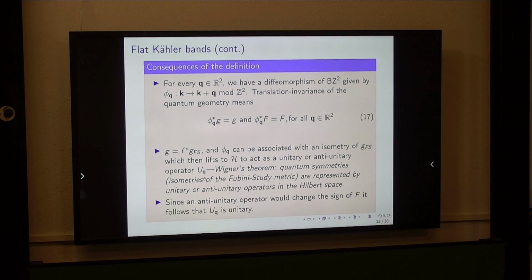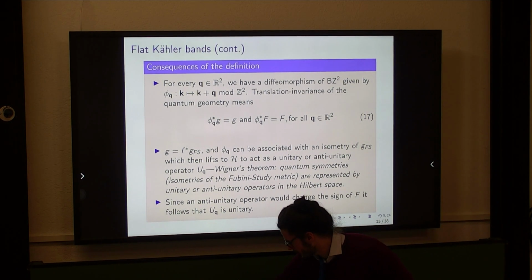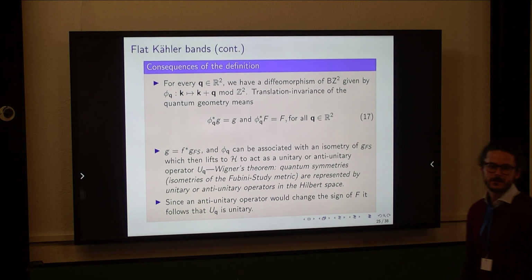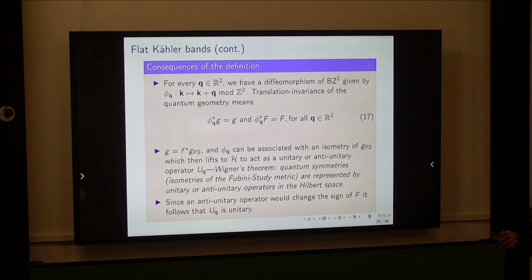And now notice, I cannot have anti-unitary operators, because an anti-unitary operator would change the sign of f. Because if you put an anti-unitary operator here, there's complex conjugation. Complex conjugation will flip the wedge, and therefore I get a minus sign. Okay? So necessarily, U_Q has to be unitary.